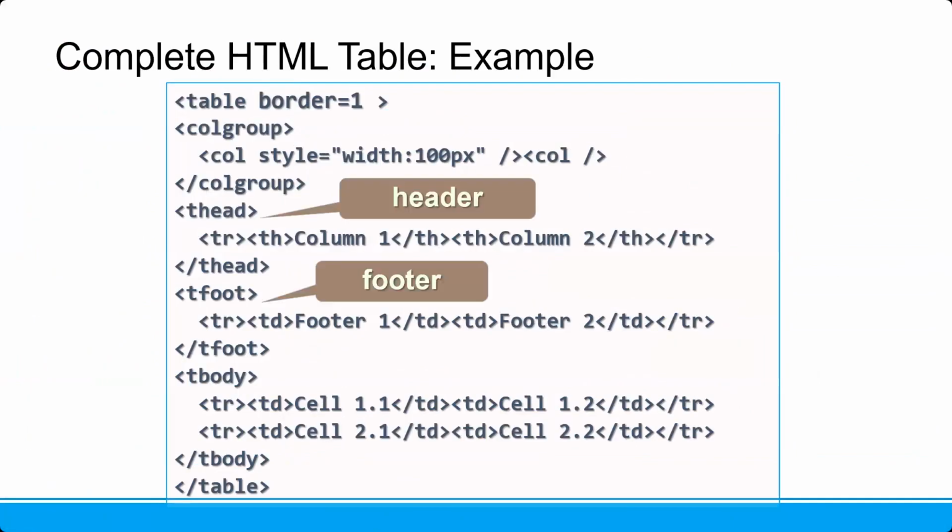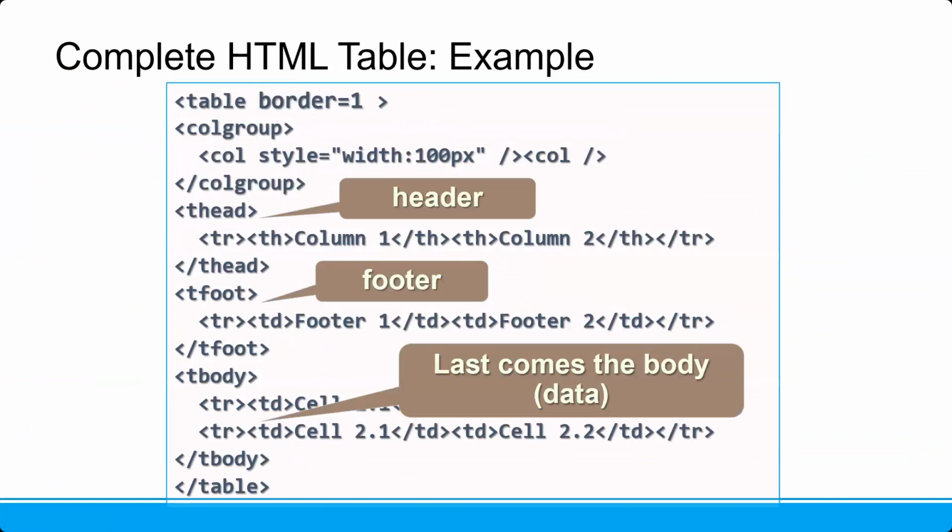So this is the header, this is the footer, and last comes the body with the data. If it is the header, then it will be shown in bold and in the center. This is about the column that you want to define.